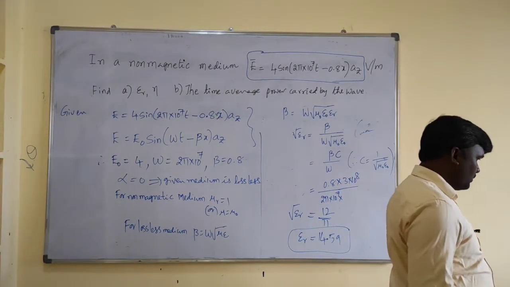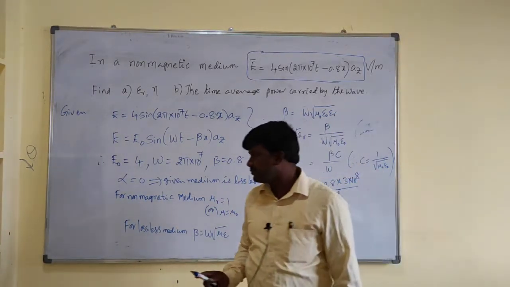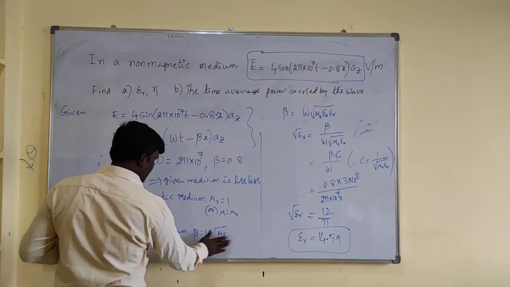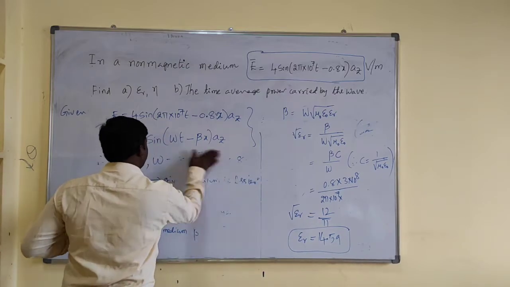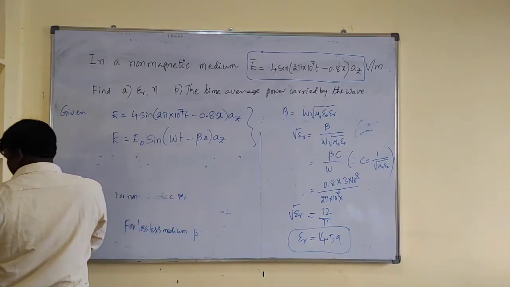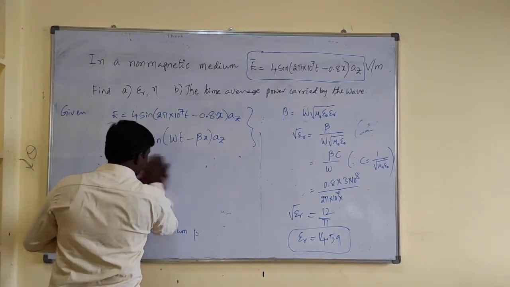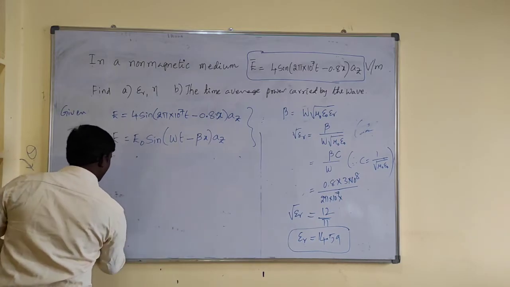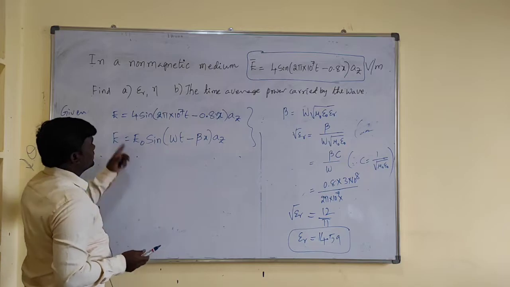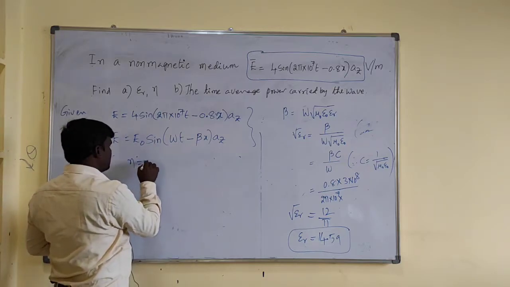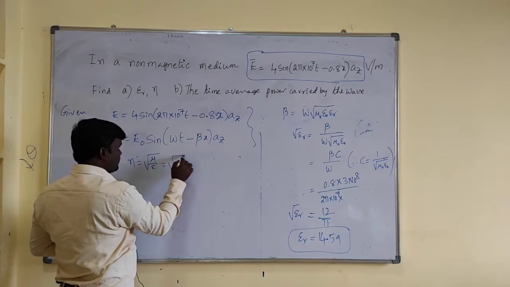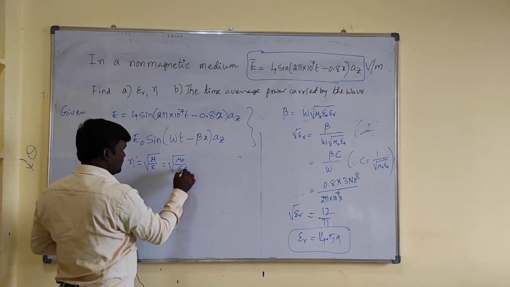Epsilon r is over. Now we will move on to another parameter, eta. For a lossless medium, eta equal to root mu by epsilon, which is root mu naught by epsilon naught epsilon r.